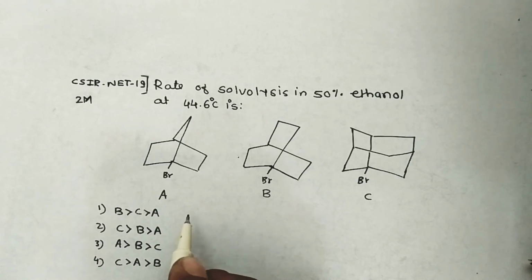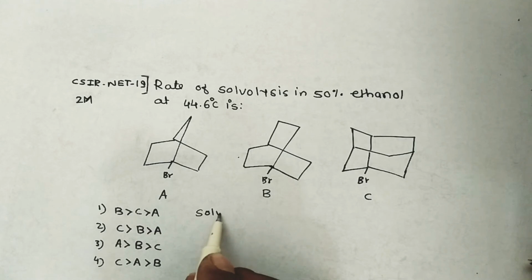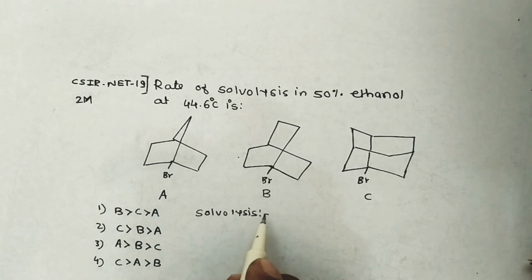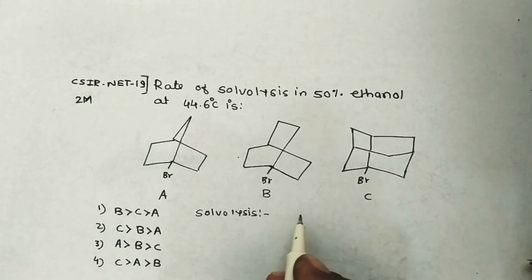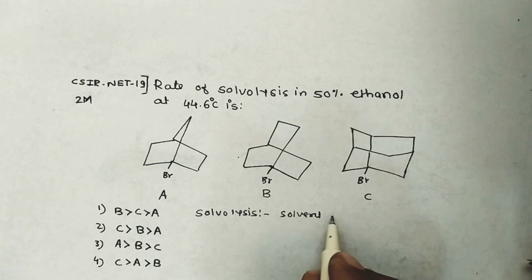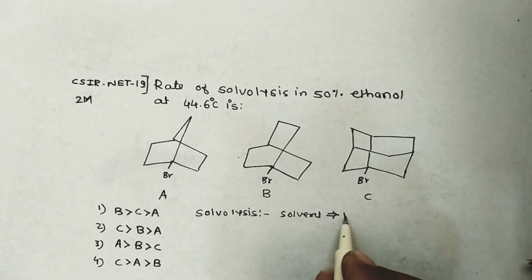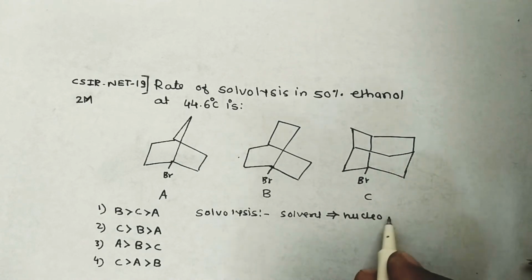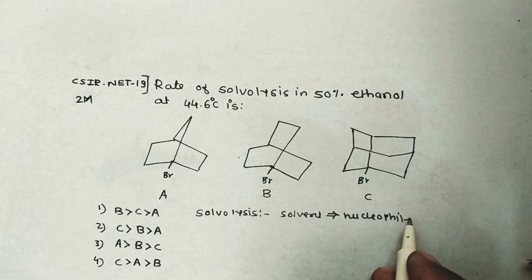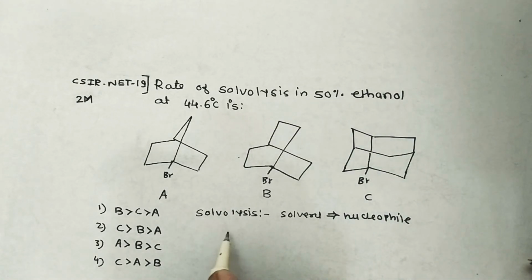So you should know the solvolysis reaction. Solvolysis reaction is nothing but the reaction in which the solvent acts as a nucleophile. Those reactions in which nucleophiles are not given, there the solvents act as nucleophile, and here the solvent is ethanol.